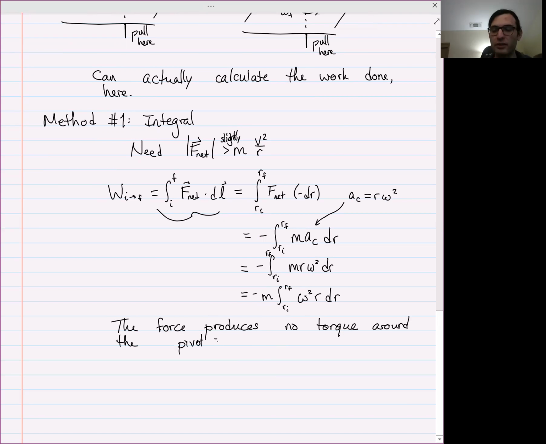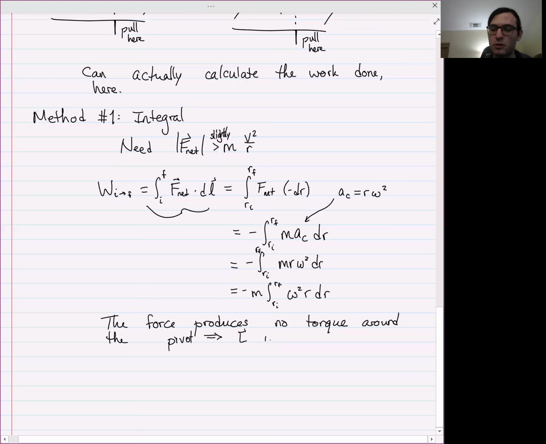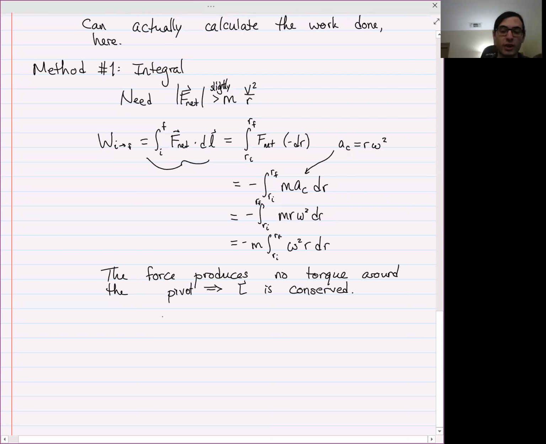So this implies that the angular momentum is conserved. So you can see why angular momentum conservation is super useful. If angular momentum is conserved, that means that I omega, whatever it is, at any point in time is a constant. It's just a number, and it doesn't change with time or with position.